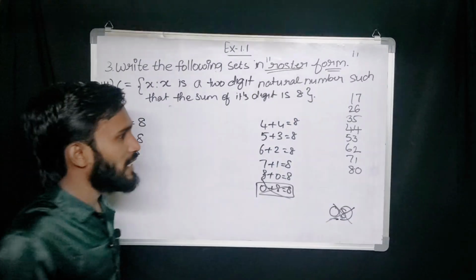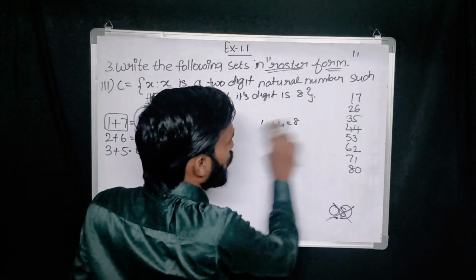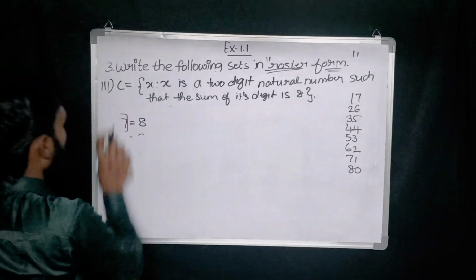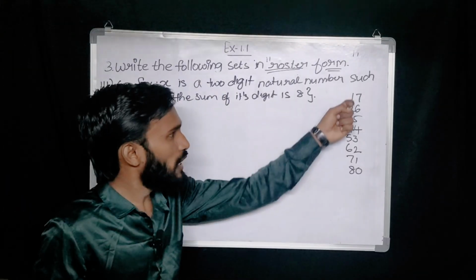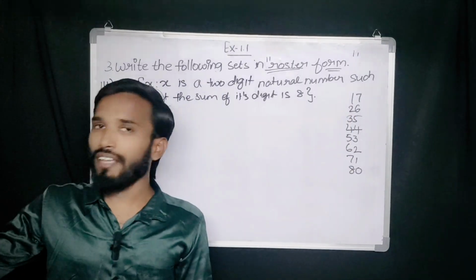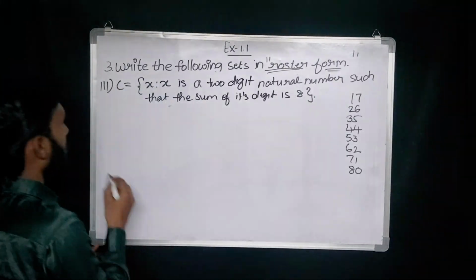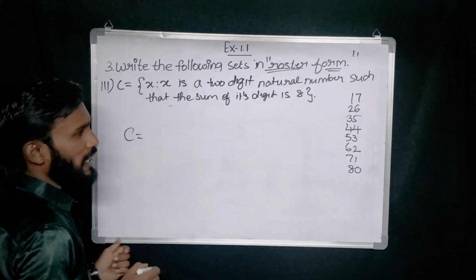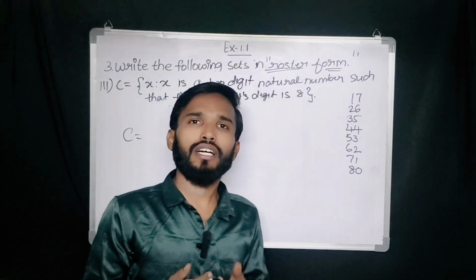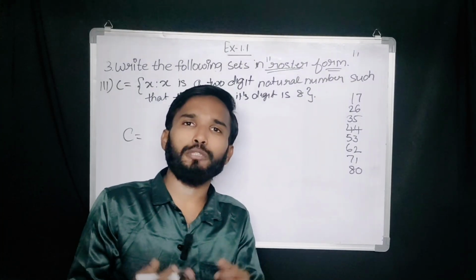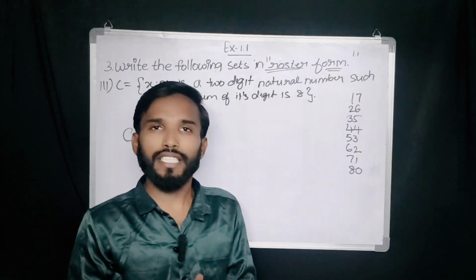So what are the two-digit numbers we got? These are the required elements of the given set C. So how do we write the roster form? By separating the elements with commas and enclosing them in braces.